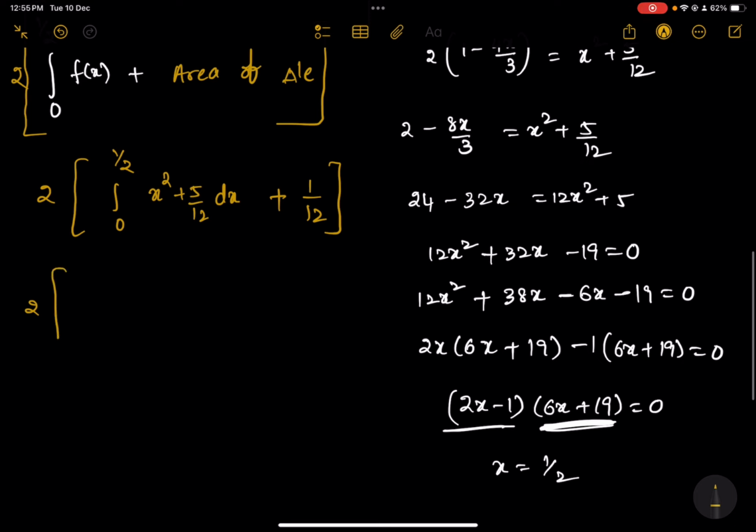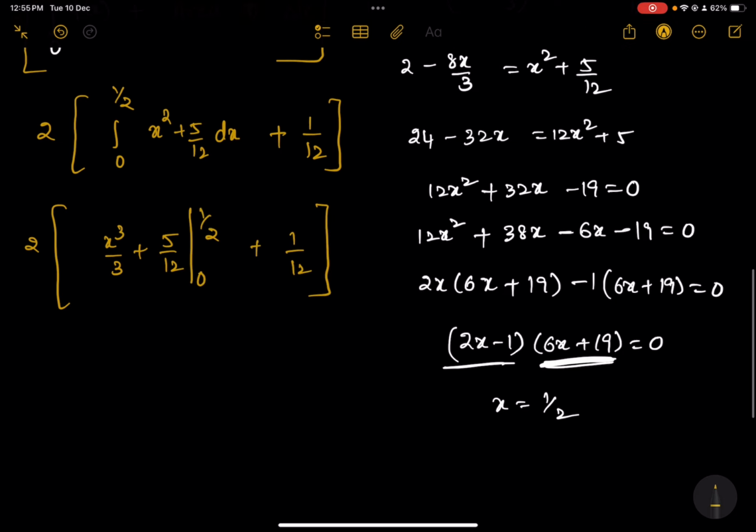So let us solve this. This is x cube by 3 plus 5 by 12 x from 0 to half, plus 1 by 12. Let us put the upper limit half in that, 2 times. So this will be 1 by 8 into 3 plus 5 by 12 into half.